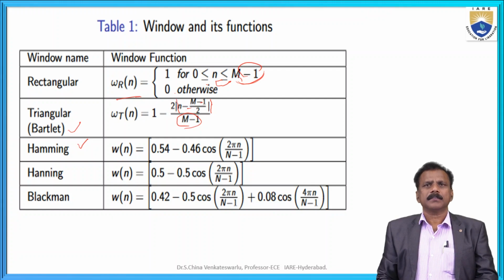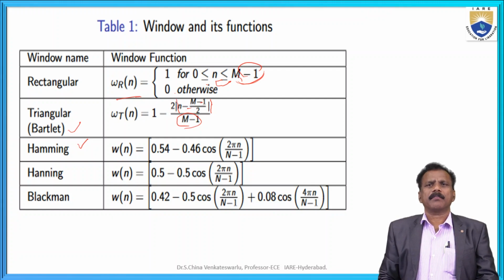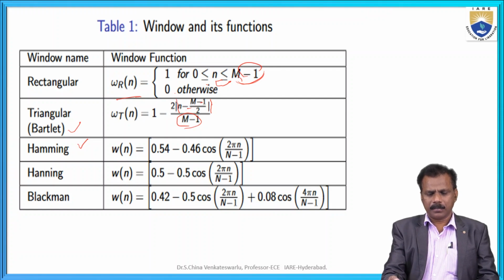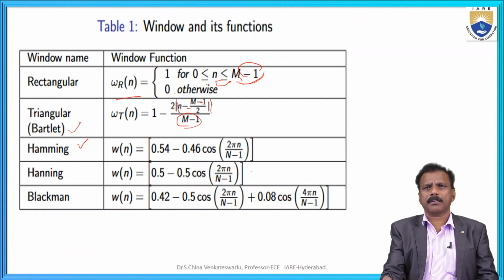Hamming: w(n) is equal to 0.54 minus 0.46 cos of 2 pi n by N minus 1. The Hanning window is 0.5 minus 0.5 cos of 2 pi n by N minus 1.